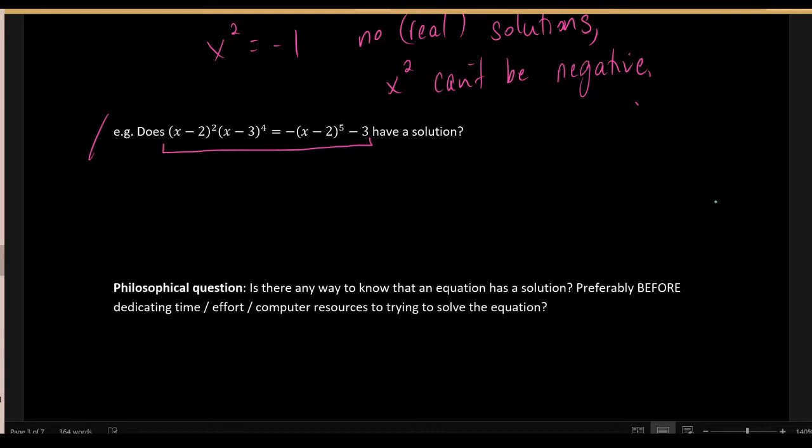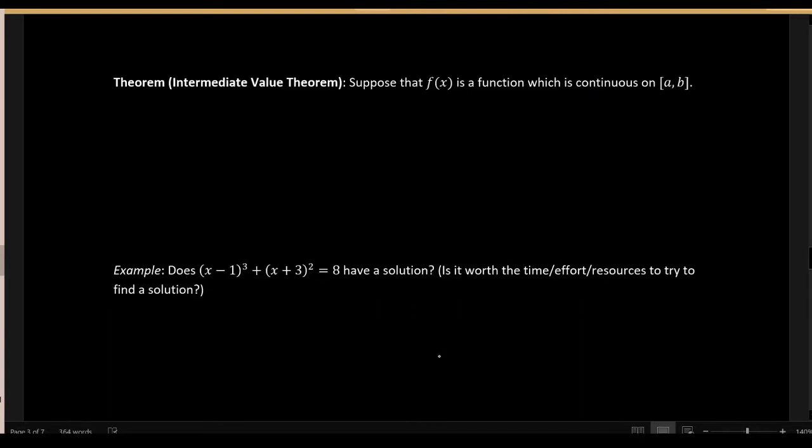The requirement to use this theorem is that you're working with a function which is continuous on a closed interval from a to b. If you are in those circumstances, the first thing that you want to do is check out the y values at the endpoints, f of a and f of b.